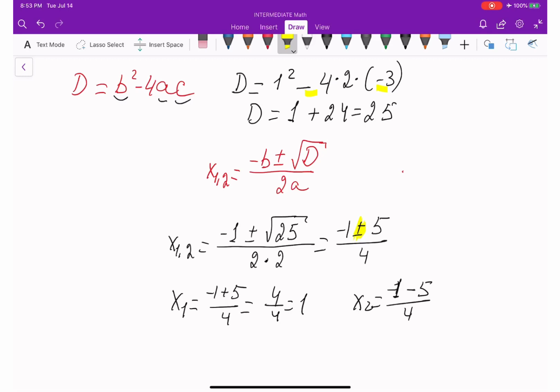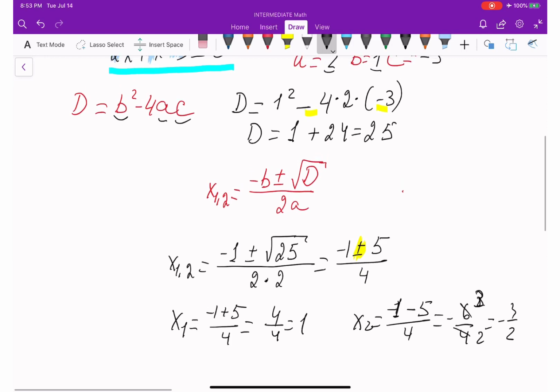Till now I was using plus and minus together because the calculation was identical. After that we have to split it, because in one case I'm adding, in another case I'm subtracting. And that is going to be negative 6 over 4. So if I divide both by 2, 3 and 2, I will get negative 3 over 2.